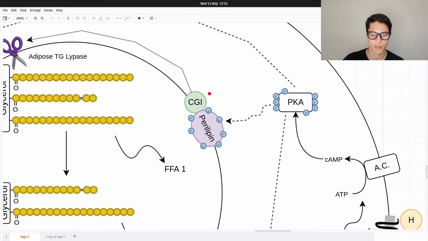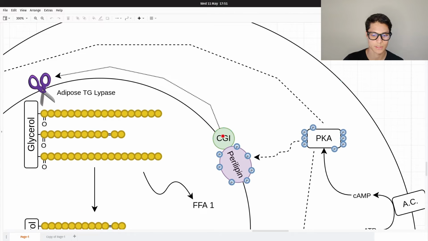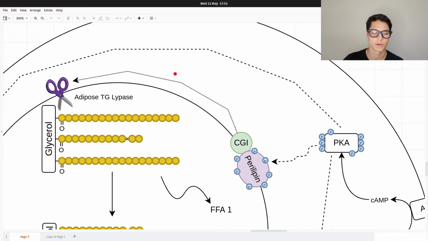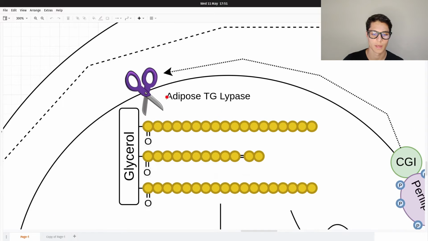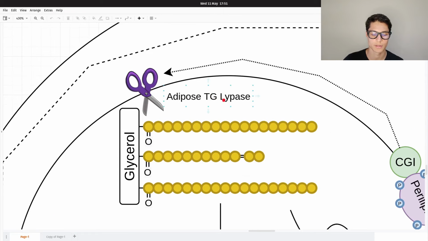These are together, but when protein kinase A acts on the perilipin, putting phosphates on it, they're going to separate. Once they separate, CGI is going to activate adipose triglyceride lipase.